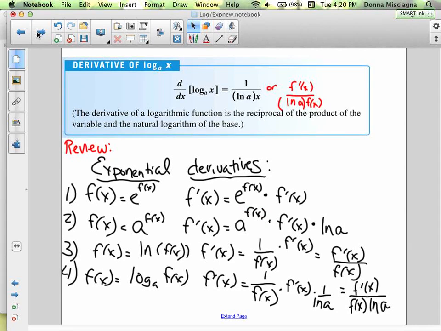If it's not e, but some other base, then it's going to be the exact same thing, an exact copy times the derivative of the exponent, but then times natural log of the base, because it's not e. And now we've also learned that the derivative of the natural log of f of x is equal to 1 over f of x times f prime of x. Right? So in other words, we have to take the derivative of the stuff we're taking a natural log of over the function itself. And then in the next lesson, we're going to look at logs other than base e, other than natural log.